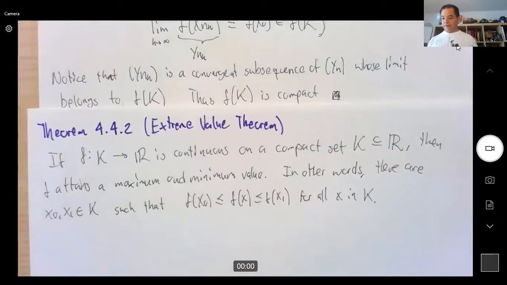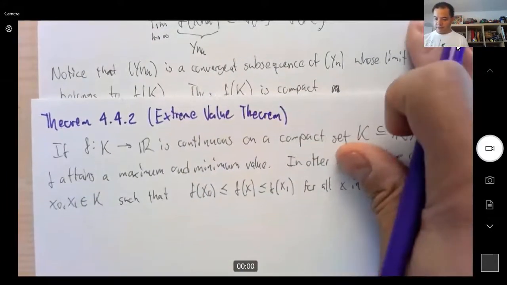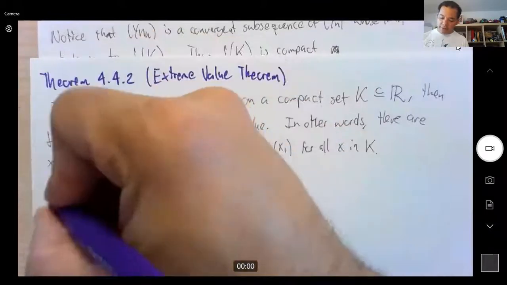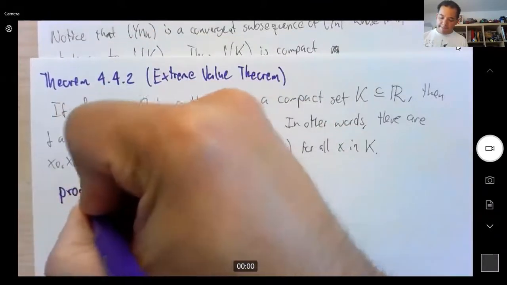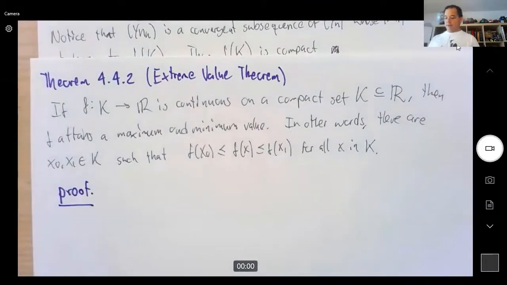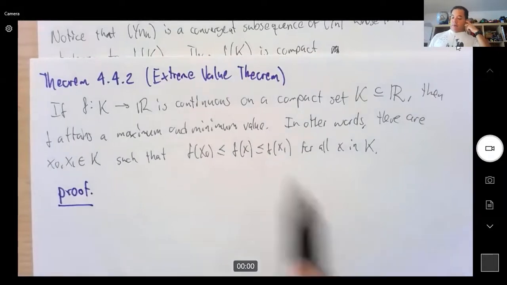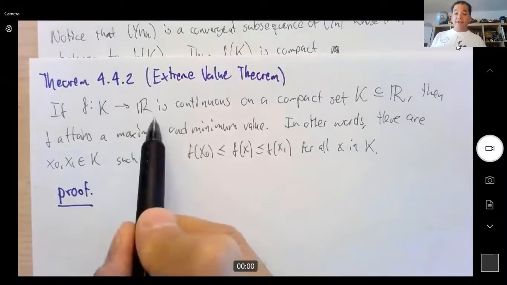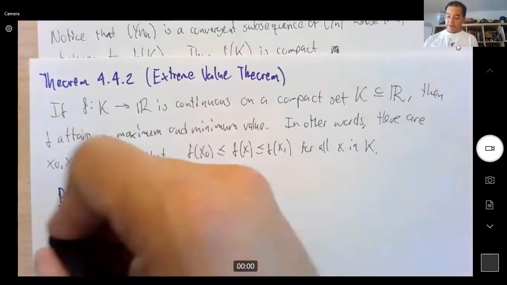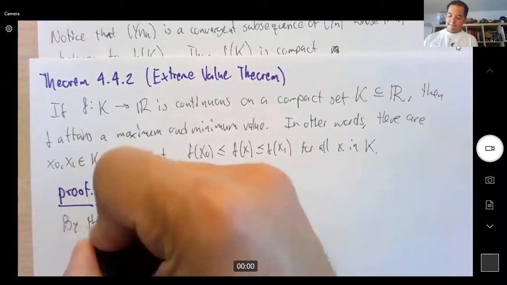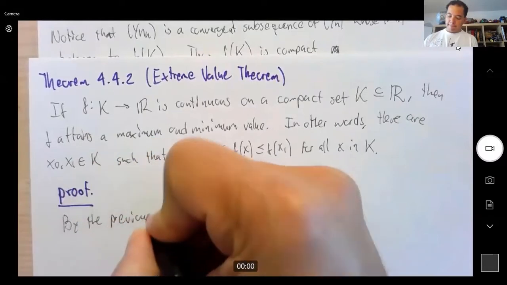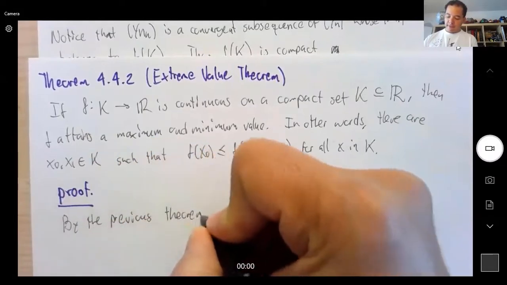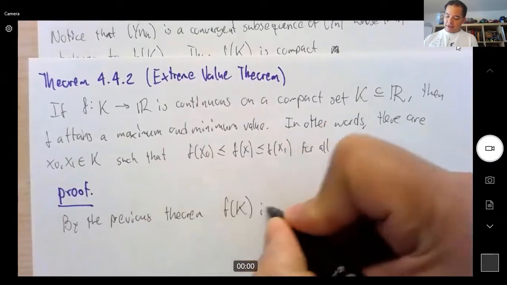So why is this theorem correct? How do we prove this? It's actually a corollary of the previous one. Because the function is continuous, we know that the image is a compact set. So by the previous theorem, f of K is compact.